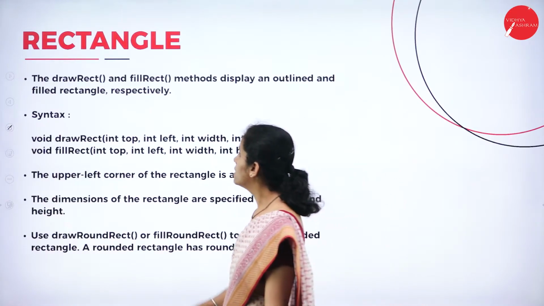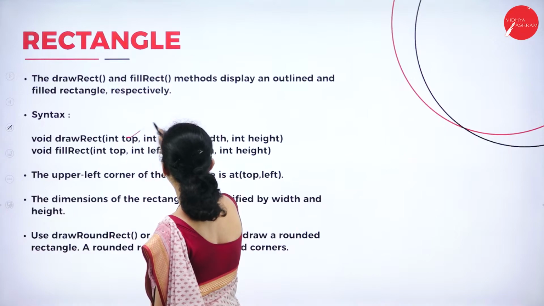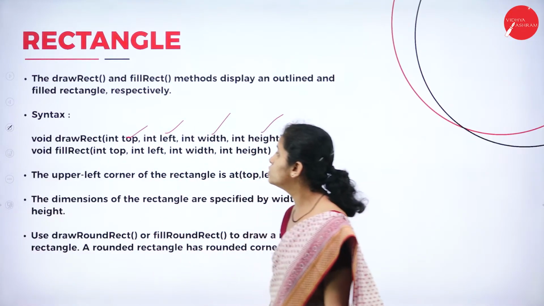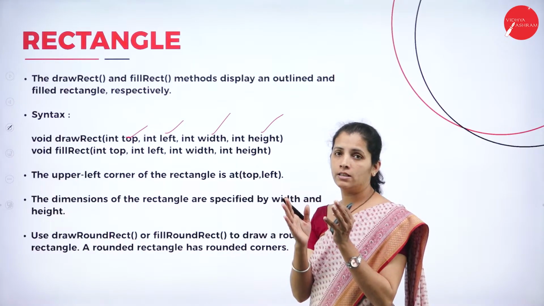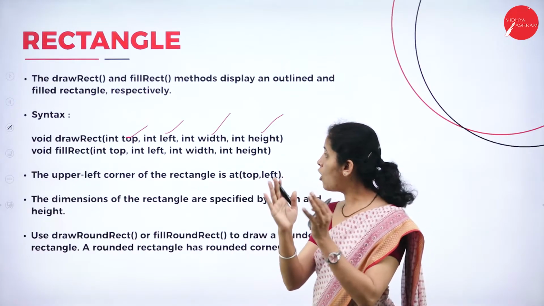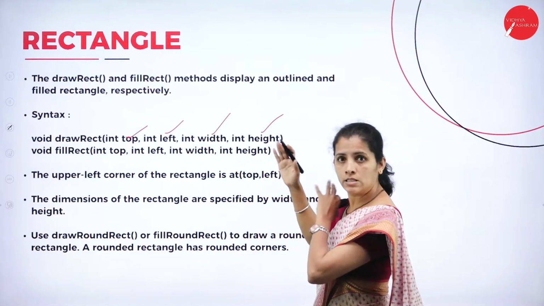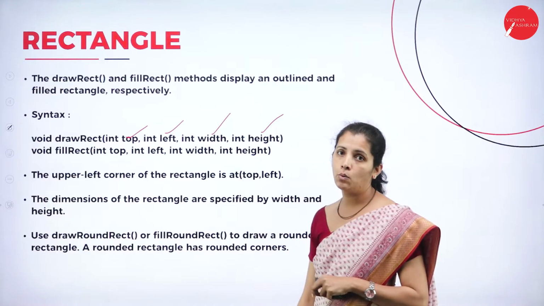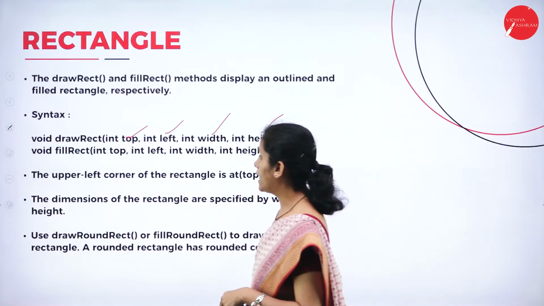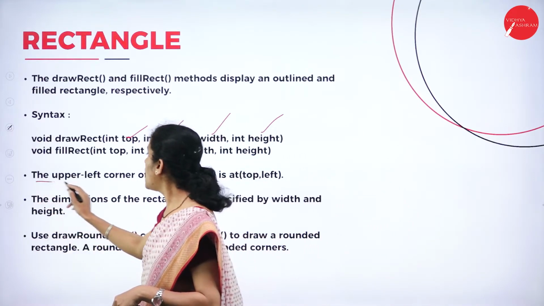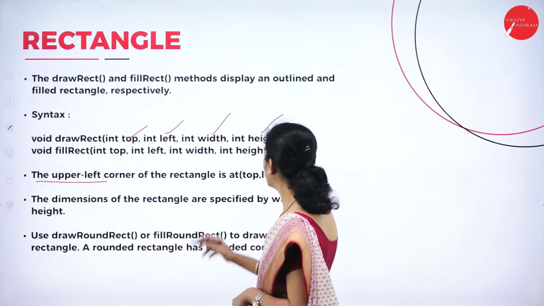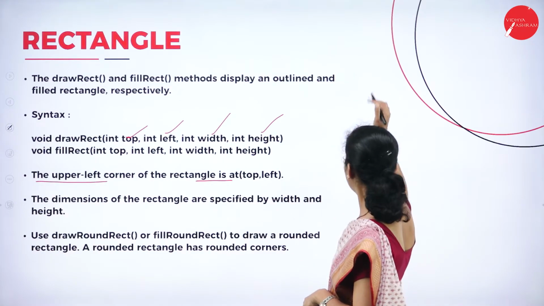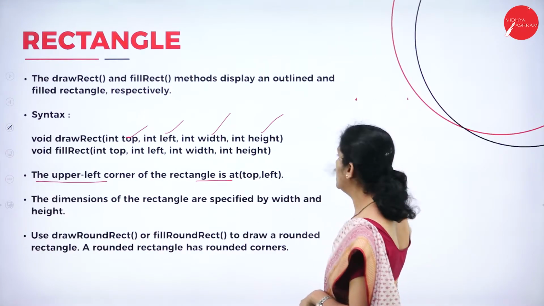And see here, I'm going to have top, left, width, height. So I want to specify the position, that is, what the top is and what the left side is, and what the width of my rectangle is and what the height of my rectangle is. The upper left corner of the rectangle is top and left.